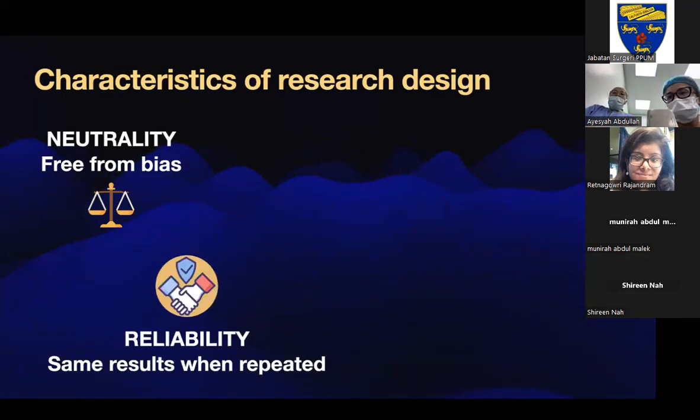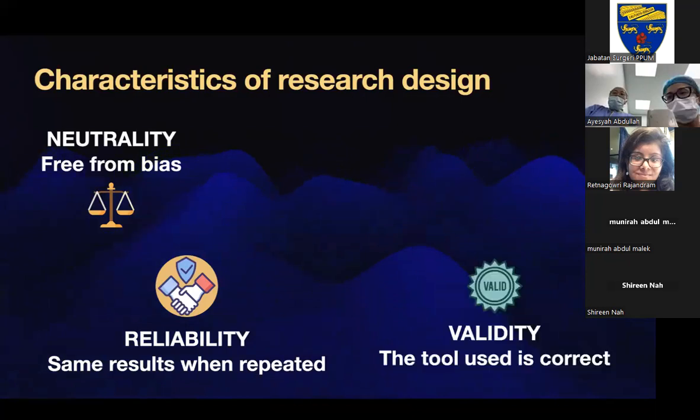Reliability is that when someone else tries to repeat exactly the same study, they will get the same or similar results. That means if they use exactly what is described in your methods section, they will be able to produce similar results. What's validity? Validity is that the tool that is used is the correct tool.